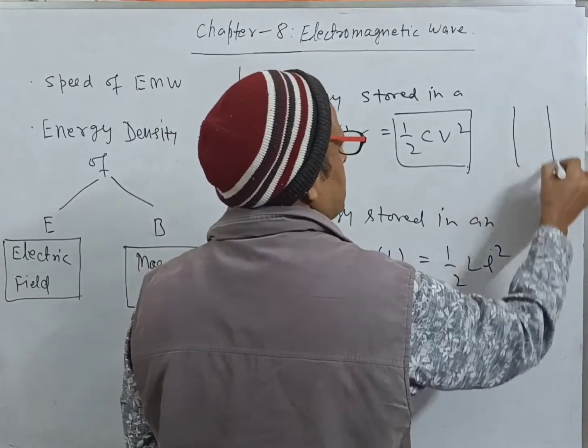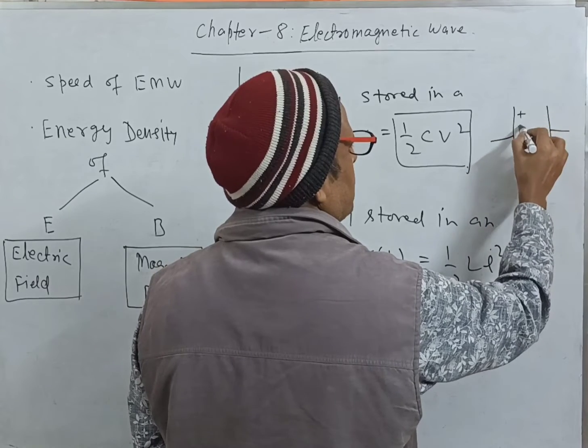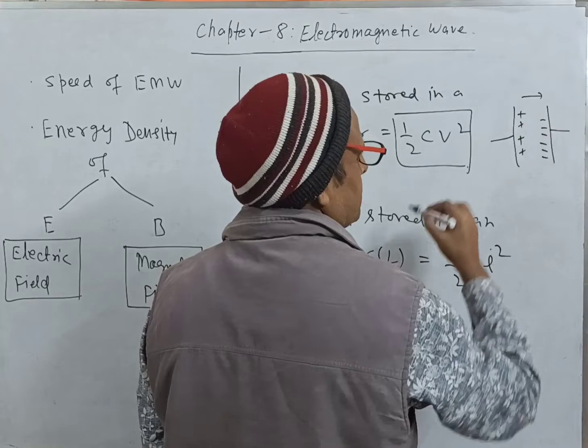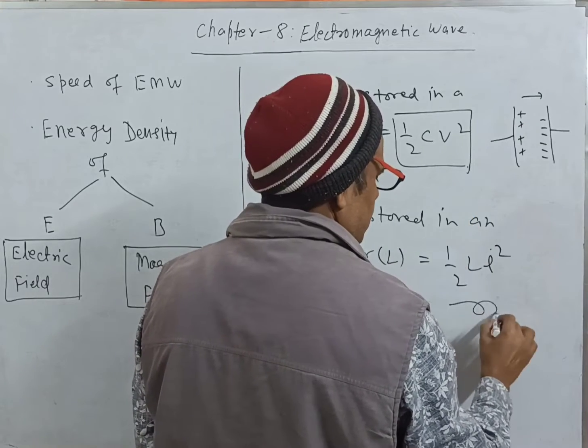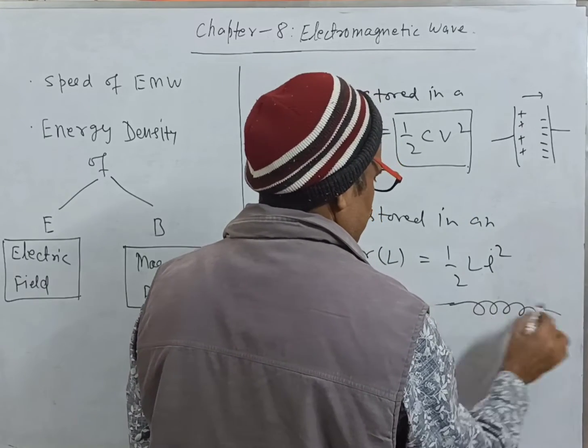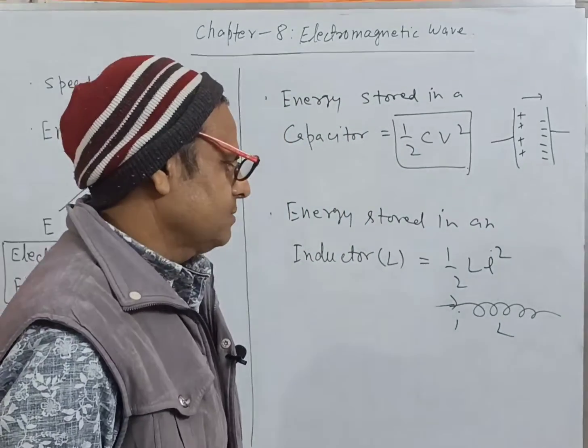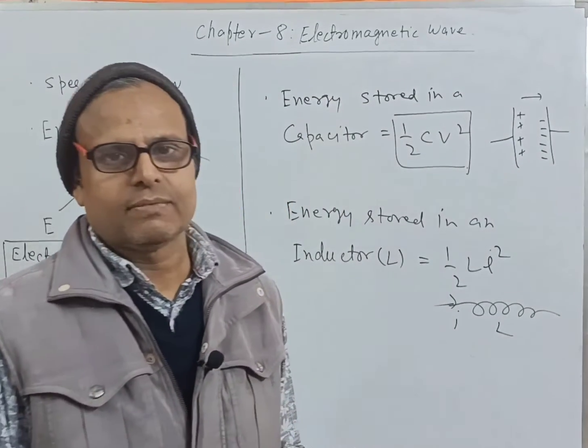Here is the capacitor where there is positive and negative, electric field is along this, and here there is an inductor where current I flows and L is the coefficient of self-inductance.